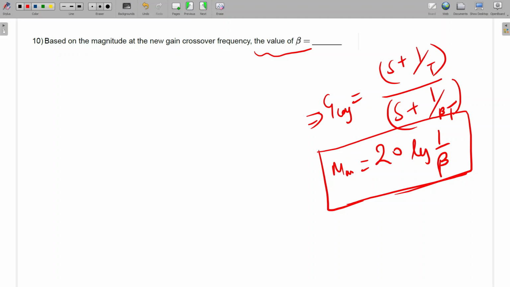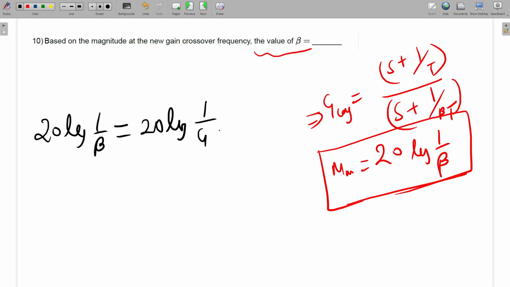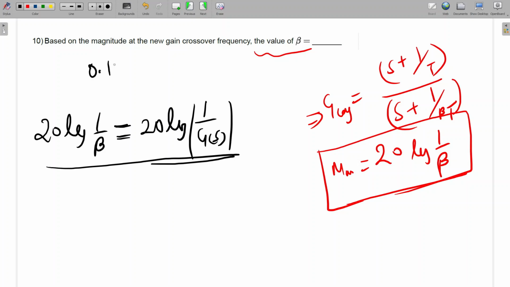So in that way we can write one equation: 20 log 1 upon beta should be equal to 20 log 1 upon G(s), the negative of the magnitude in the actual transfer function. Then at the frequency of 0.137 it will cross the 0 dB line, and that will become our crossover frequency.